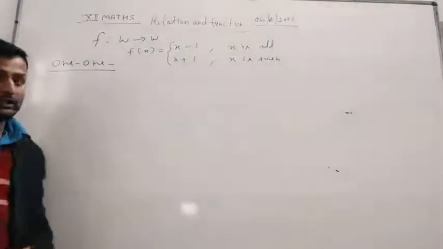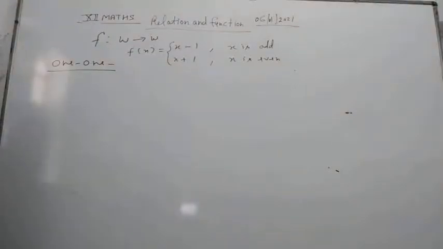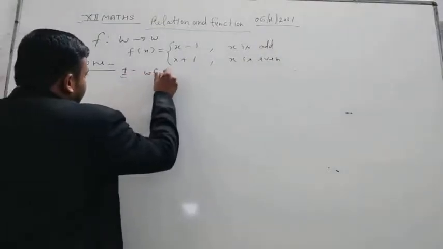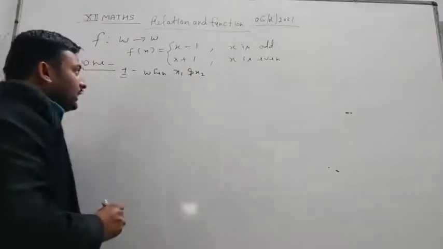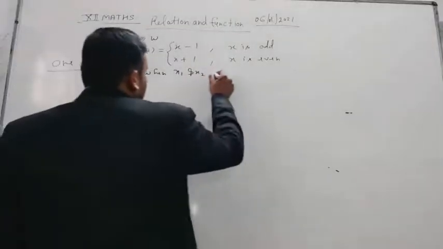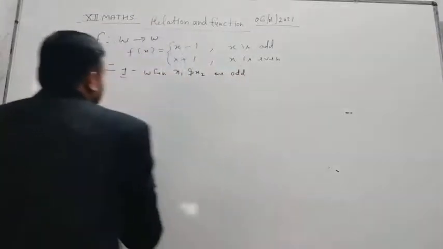So here, student, there are some cases. Our first case is when x1 and x2, we are taking two elements of this W, when x1 and x2 are odd. Okay.